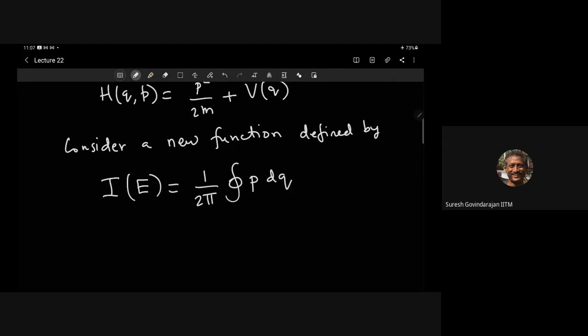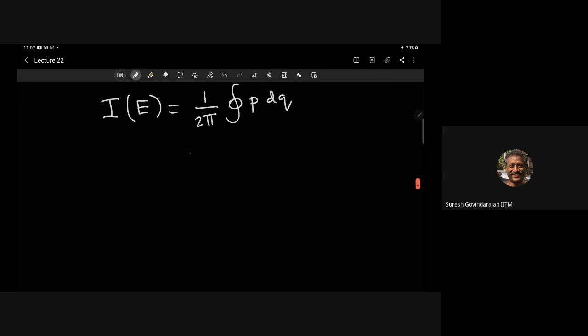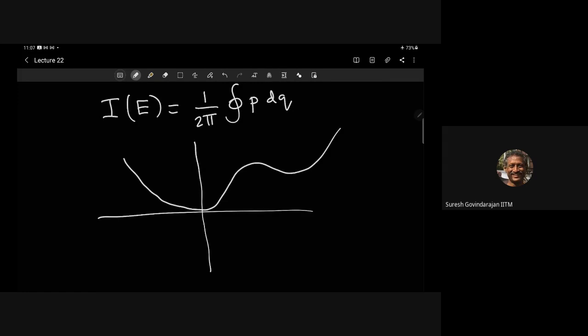Okay, so I need to explain things a little bit. So let us just do the following thing. Let's say we have some potential like this. This is V of Q versus Q, and let's take some energy.